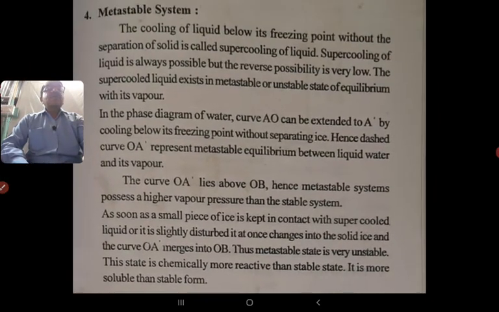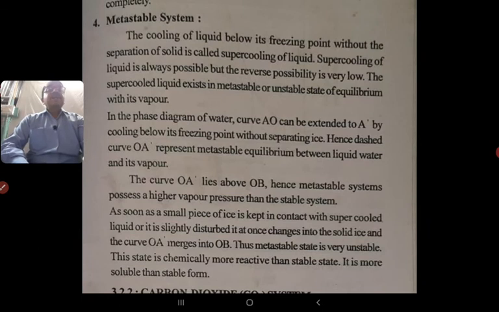Now, another important term in the phase diagram of a one component system is the metastable system. The cooling of a liquid below its freezing point without the separation of solid is called supercooling of the liquid. Supercooling of a liquid is always possible, but the reverse possibility is very low. The supercooled liquid exists in a metastable or unstable state of equilibrium with its vapor.